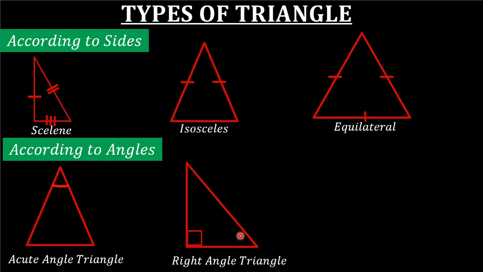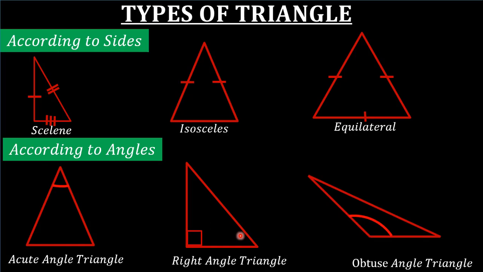The third and the last type of triangle, according to the angles, is named the obtuse angle triangle. And students, you can clearly see here one of its angles is greater than 90 degrees, maybe 100, maybe 110.